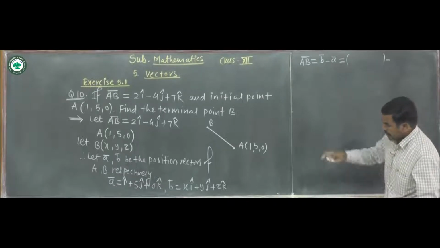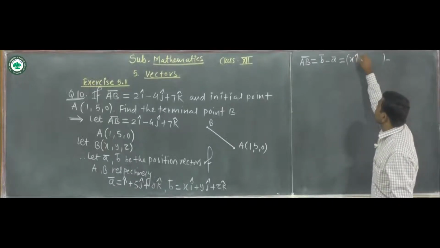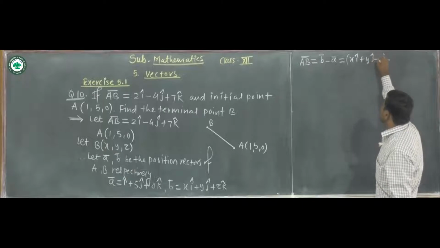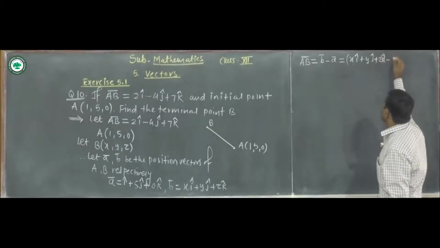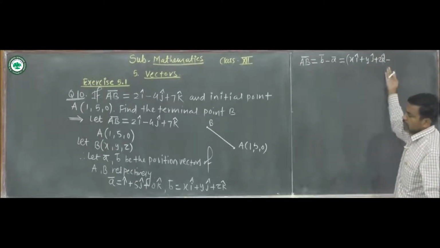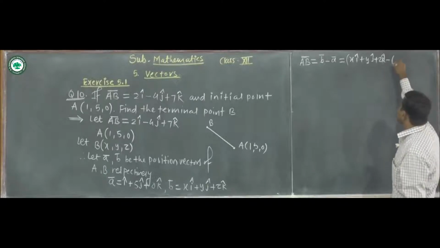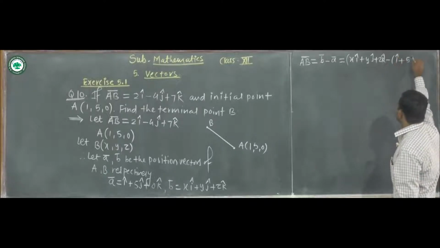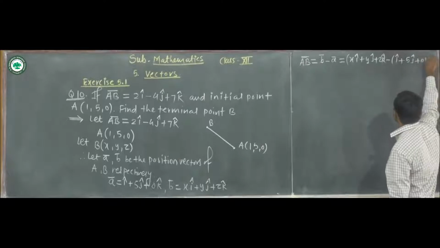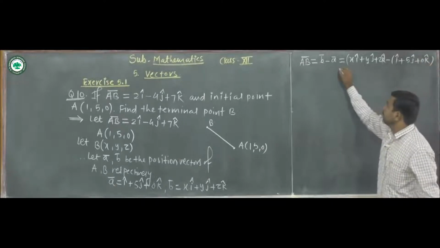So B bar is x into i cap plus y into j cap plus z into k cap, minus A bar, that is i cap plus 5j cap plus 0 into k cap.